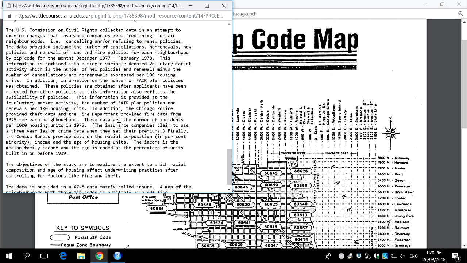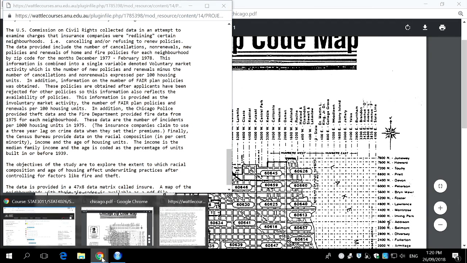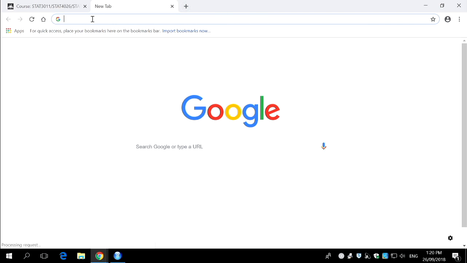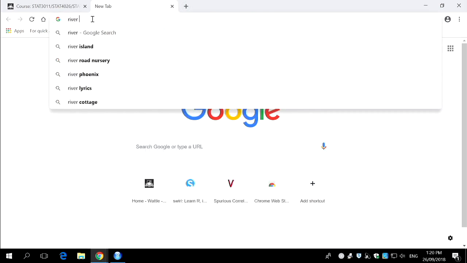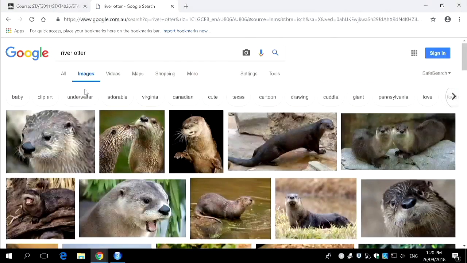Right? And look, you go to me, well, really? And I go, look, I was using the wrong mouse. But I'll show you, right? River otter. Okay, we go river otter, and then we've got to go to Google Images, right?